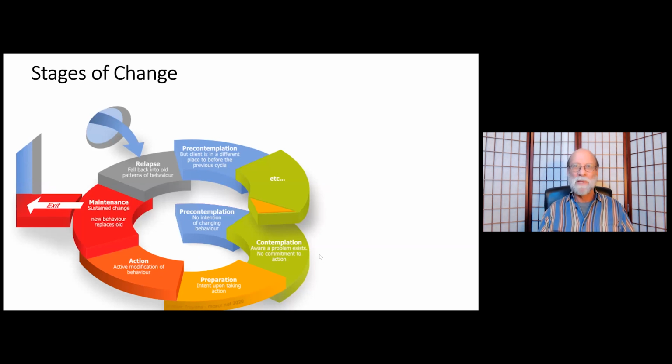I put this up here. I know it may be a little difficult to see the text, but I put this up here to discuss this idea of behavior change having these multiple stages. And one thing that I want to emphasize is the idea that we go through several internal steps before we ever act in the real world.